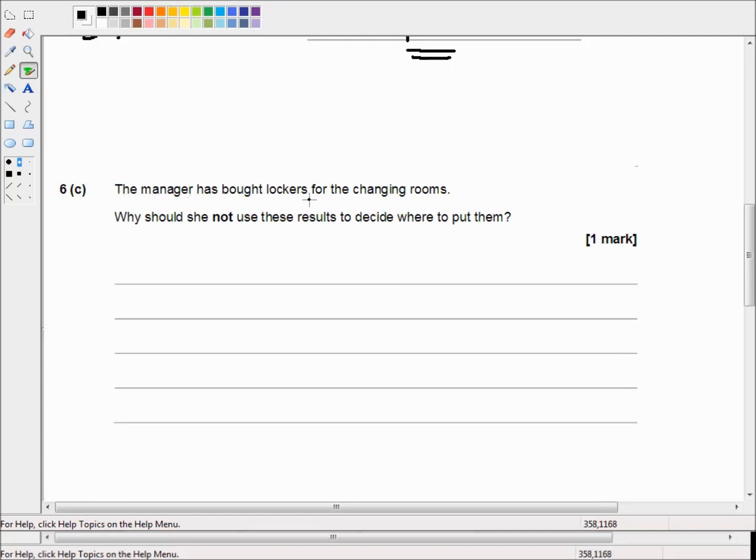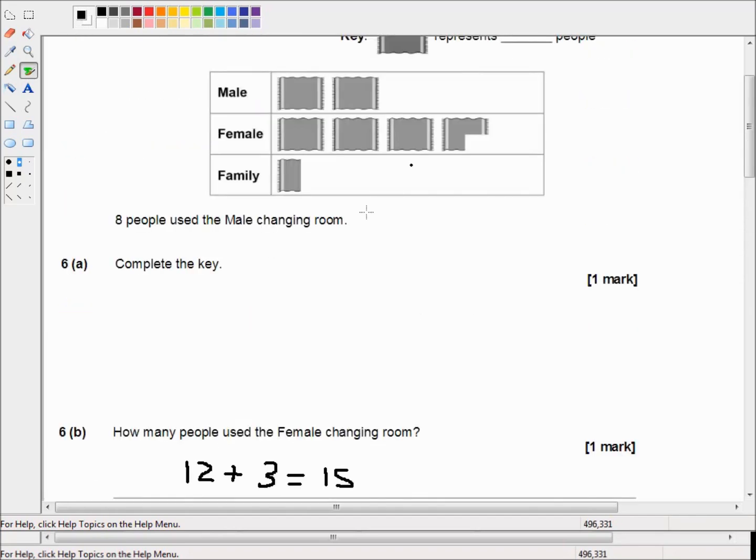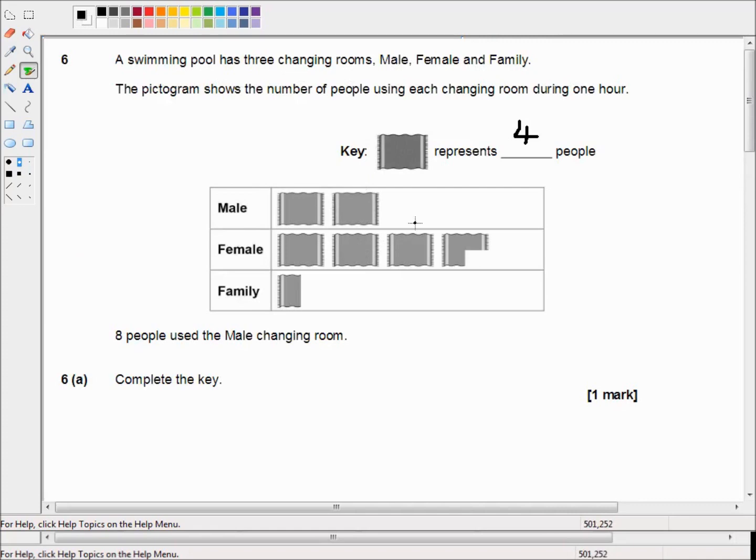The manager has bought lockers for the changing rooms. Why should she not use these results to decide where to put them? Okay, so this not is in bold. So they're expecting you to think what's wrong with this pictogram.